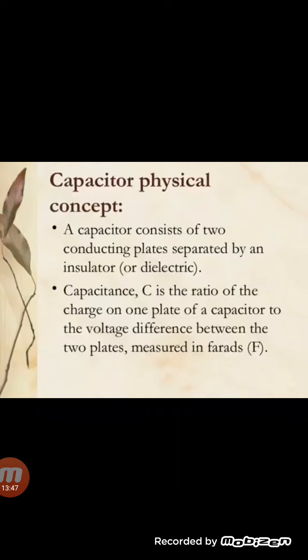Capacitance C is the ratio of the charge on one plate of the capacitor to the voltage difference between the two plates, measured in farads.